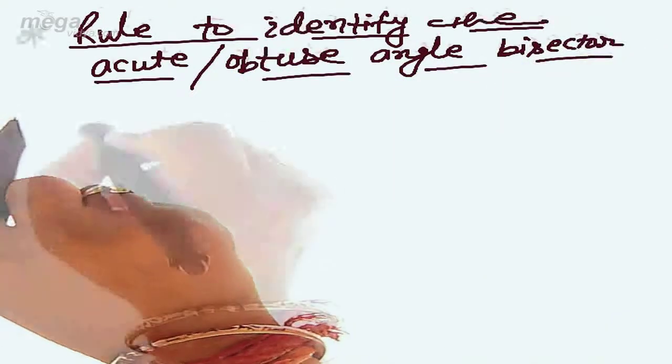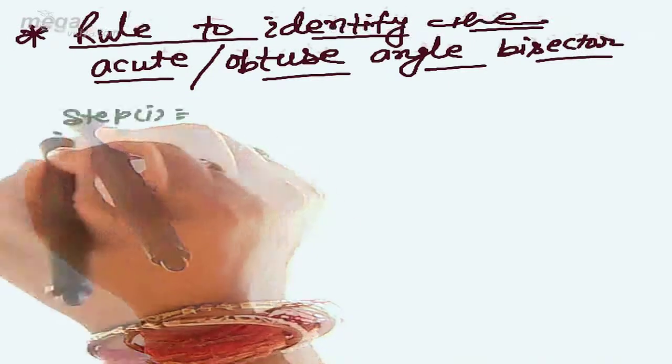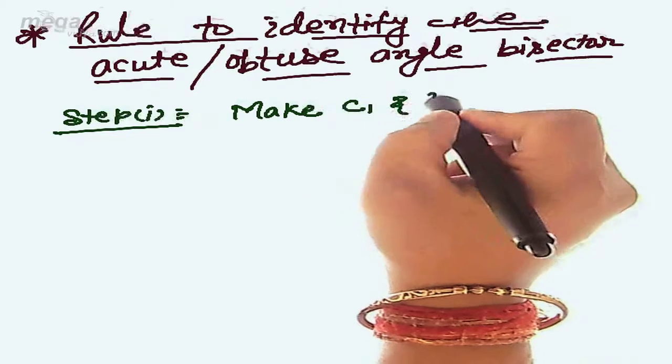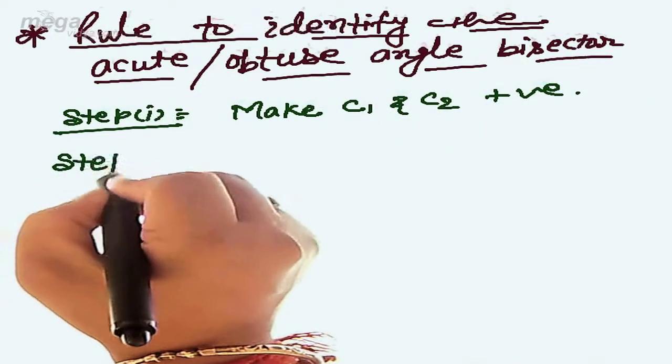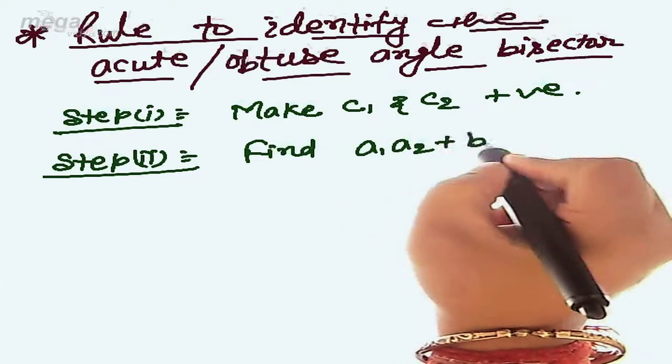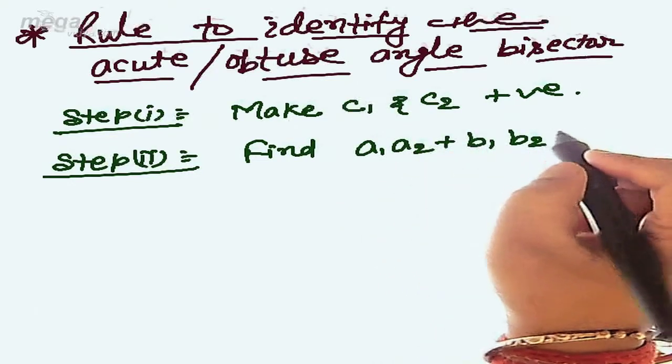The first step is to always make C1 and C2 positive. Then step 2, find A1A2 + B1B2 from the new equation.